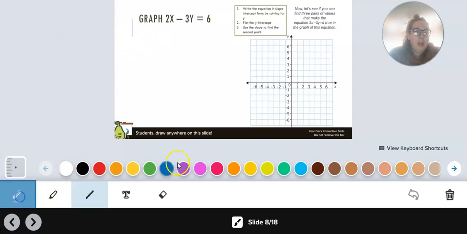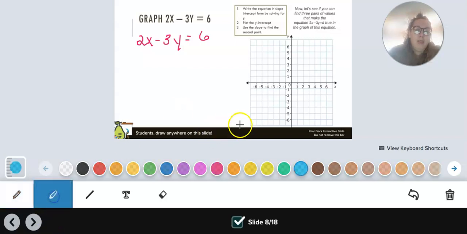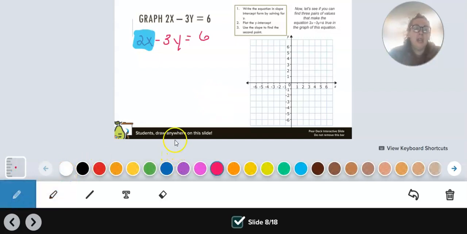So when we're looking here, we have 2x minus 3 times y equals 6. To get this into slope-intercept form, first we want to move this positive 2x to the other side. That's a whole term. We can move it all together because they're attached with multiplication. It is positive, so to move it to the other side, we will just subtract.